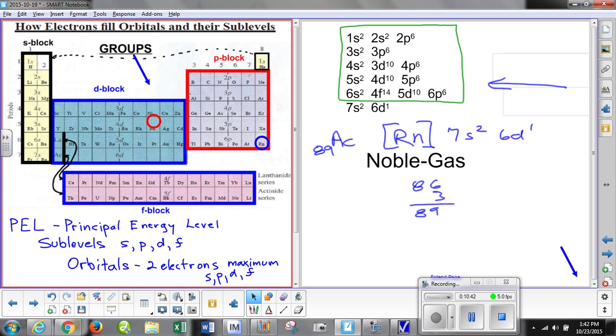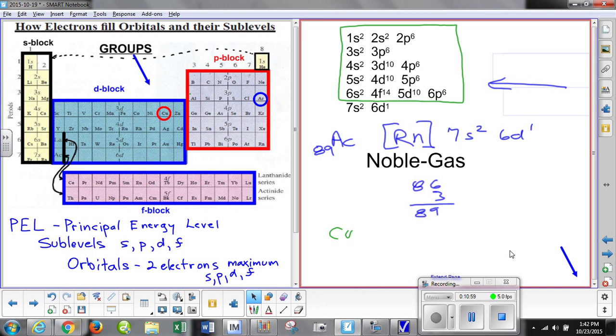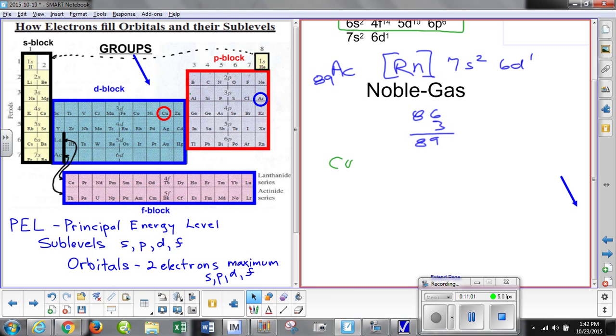So copper is right up here, and we're going to use argon. Everybody okay with that? Okay. So we got copper with how many electrons? How many electrons for copper? 29. All right, 29. And who's the noble gas? Argon.